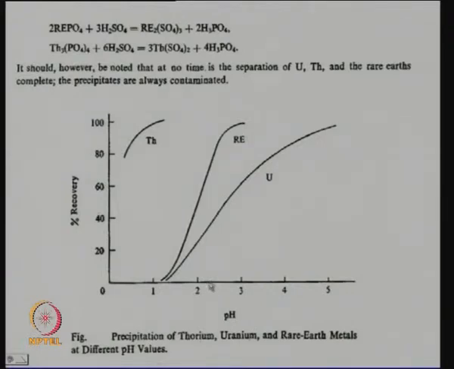Supposing the pH was adjusted here, then percentage recovery of uranium would be this and percentage recovery of rare earths would be this, percentage thorium would be here, even above that, which means very rarely is it totally selective. Here a lot of rare earths will come, a lot of uranium will also come.